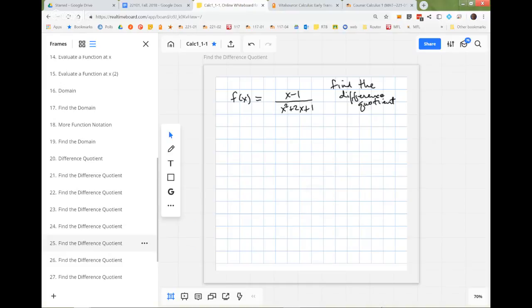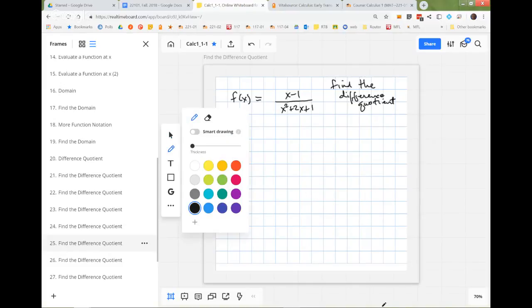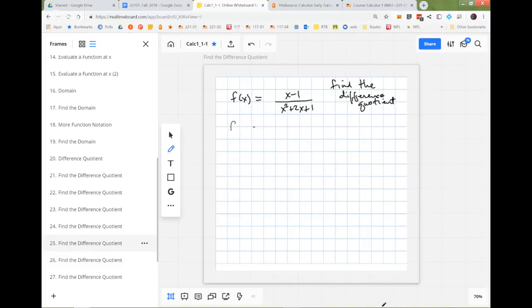So the first thing you got to do in all of these problems is find f of x plus h. Well, let's just plug in an x plus h wherever there's an x. So that would look like that.